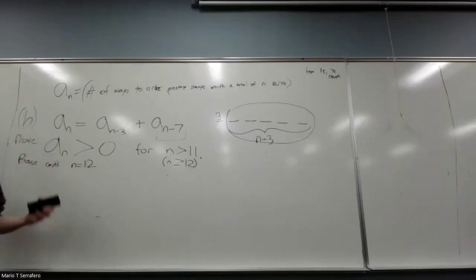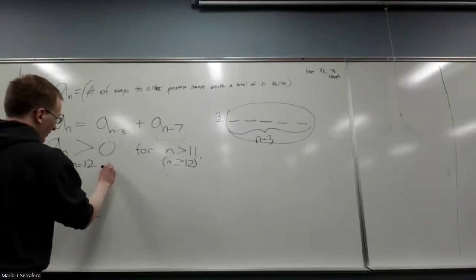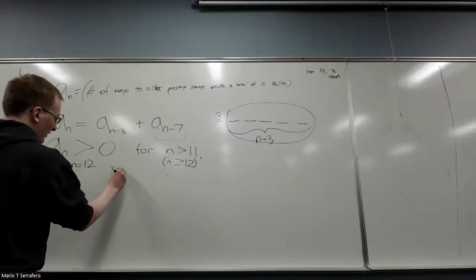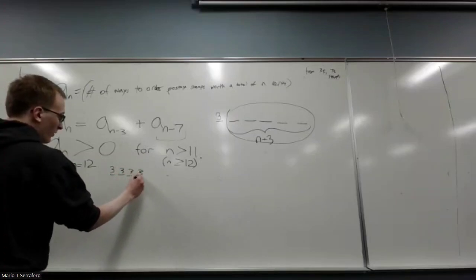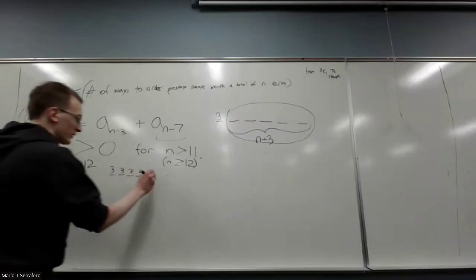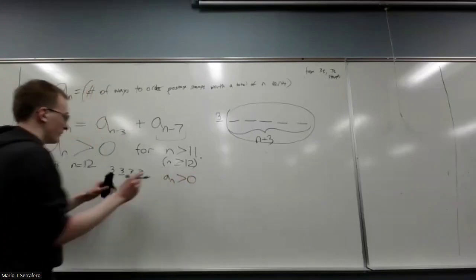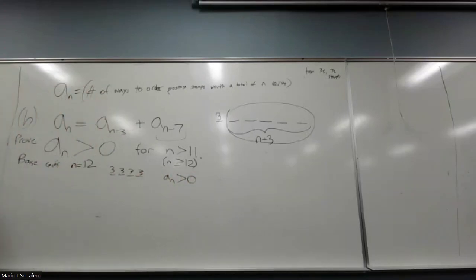In the case that n equals 12, we can achieve this by ordering 4 3-cent stamps. That's one way to make 12, so we can explicitly verify that a sub n is greater than 0. We have at least one way of making 12.